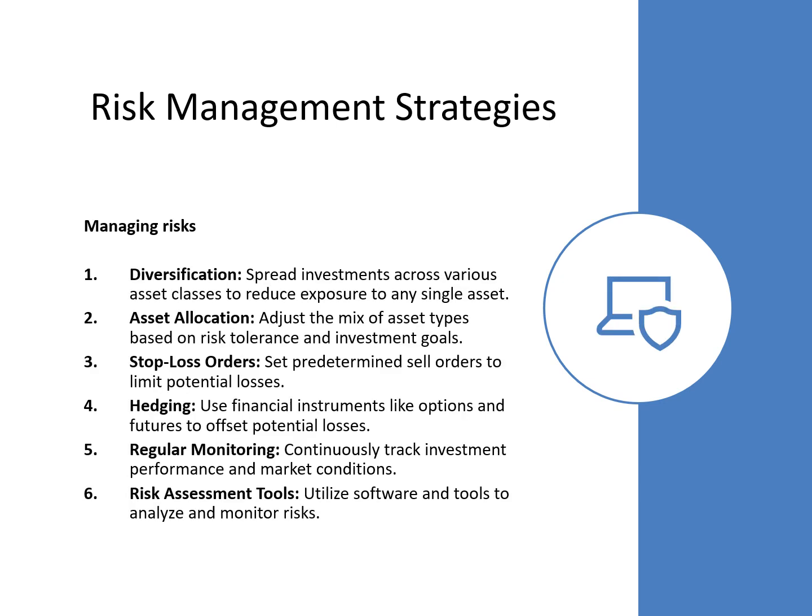So once you identify the risk, the next option is how you're going to manage the risk. So diversification is an effective management technique where you spread your investments across various asset classes in order to reduce exposure to any single asset class. There's also the importance of asset allocation, where you adjust the mix of asset types based on risk tolerance and investment goals.